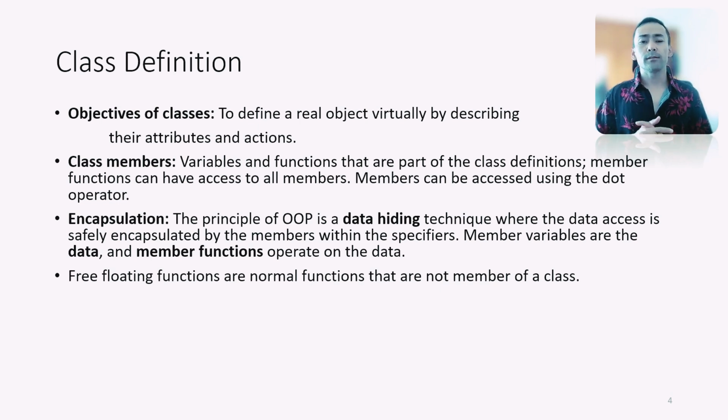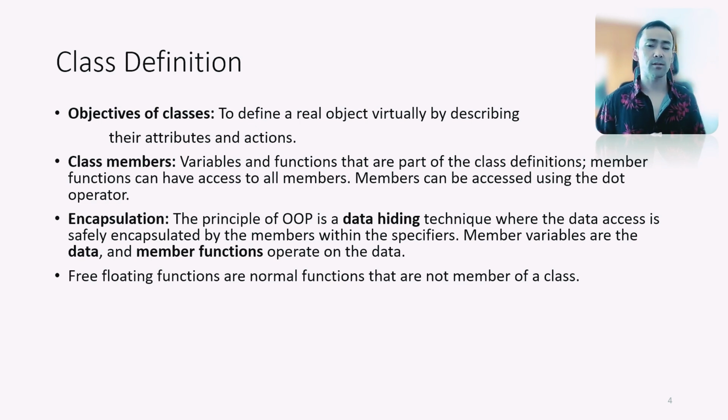What is encapsulation? Data encapsulation is one of the most important principles in object-oriented programming, where data access is safely encapsulated by the members within the specifiers. As we said, we have three types of specifiers, and the private specifier mainly encapsulates data inside the class, and this data hiding is called encapsulation.